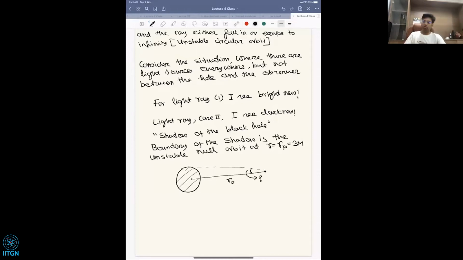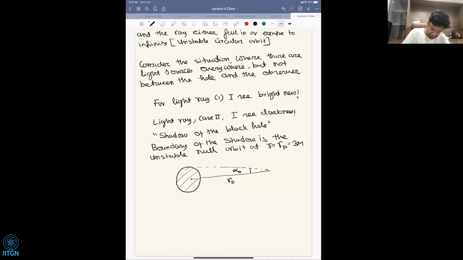Call this angular diameter alpha naught. This is something we want to calculate. I hope this is clear.